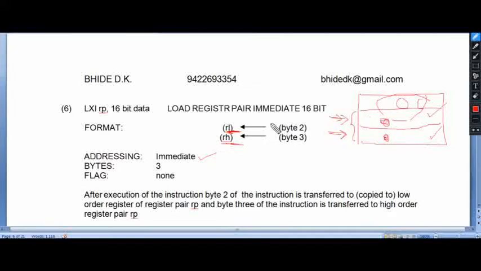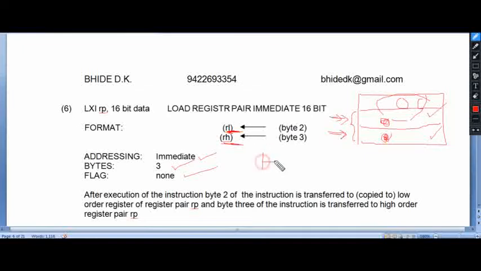This number goes to the low order register, this number goes to the high order register. This is a 3-byte instruction. Flags affected: none. The same explanation is written here. After execution of the instruction, byte 2 is copied to the low order register of the register pair, and byte 3 is copied to the high order register of the register pair.